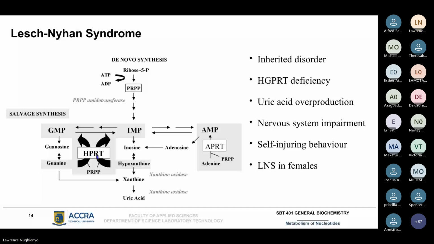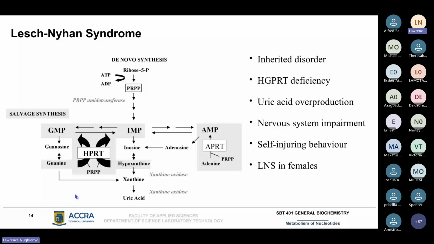Here in the gene is referring to guanine. So sometimes the enzyme is called hypoxanthine guanine phosphoribosyl transferase, but sometimes the guanine is not referred to, but it's the same thing that is being referred to.